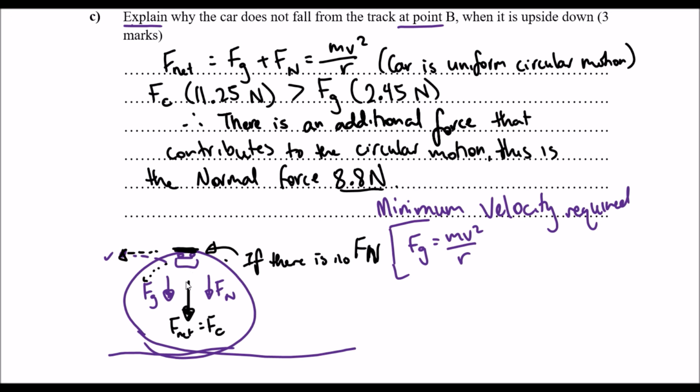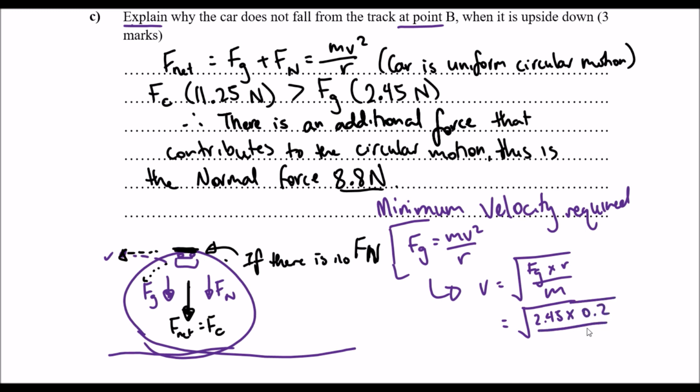So the only force contributing to centripetal motion would be Fg. So if we use that value that we have up here, if we rearrange the equation as well, it will be v equals the square root of Fg times r divided by m. So it becomes 2.45 times 0.2 divided by mass, which is 0.25.